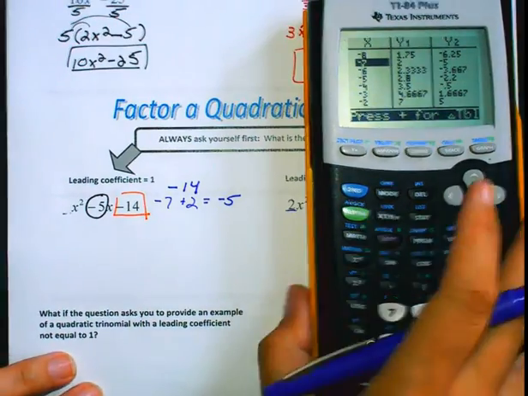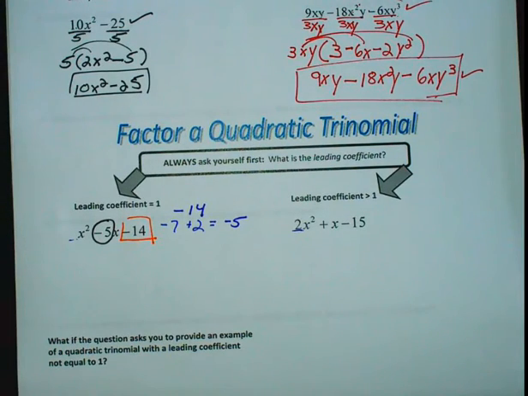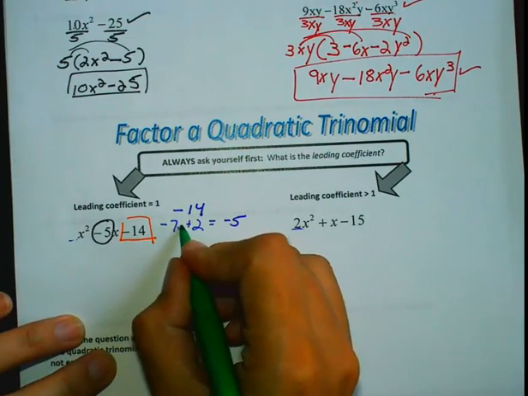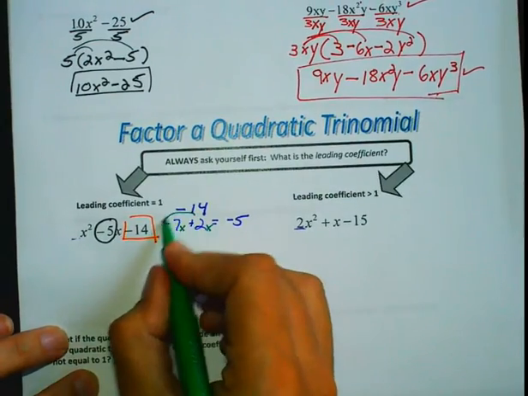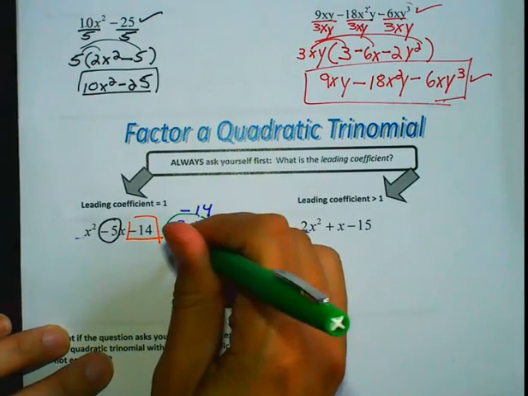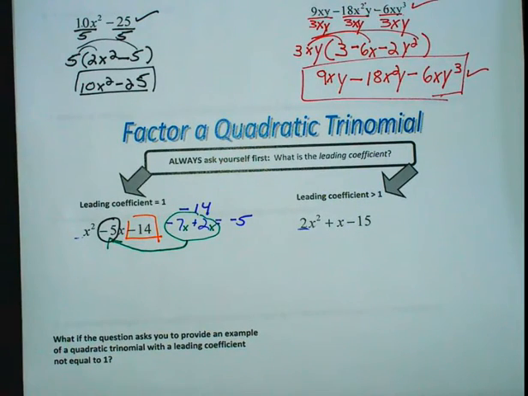Okay, so now that we found that, we are going to take those two terms, put x's with them, and we're going to use them to replace that middle term.